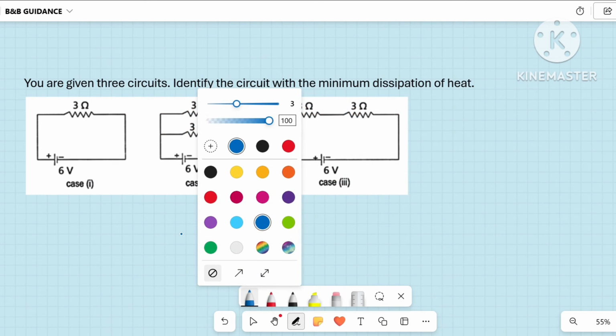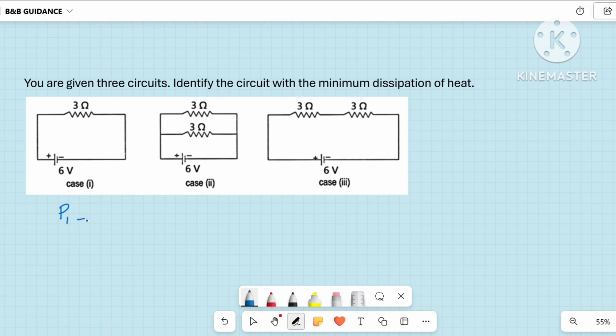So power dissipated in the first case. Power dissipated means the heat dissipation in 1 second. Power dissipated in the first case, formula is V squared by R. So here it will be 6 squared by resistance. That is equal to 12 watt.